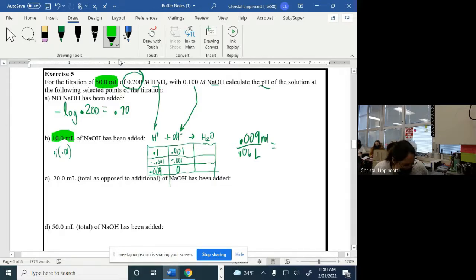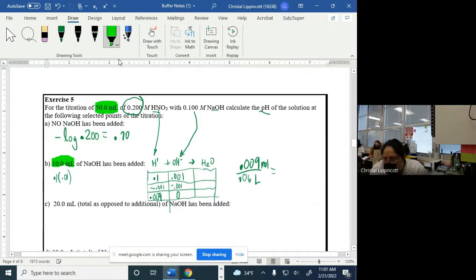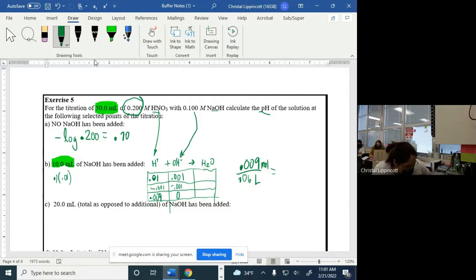Yeah, this is 0.01. Ah, crap. All right, so if we had 0.2 times 0.05 is 0.01. That's where I got off, right there.